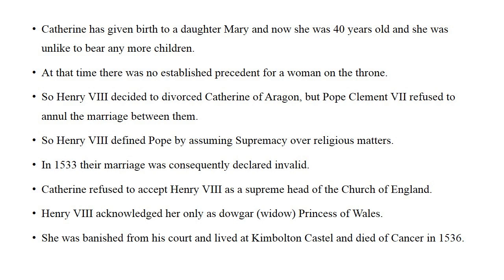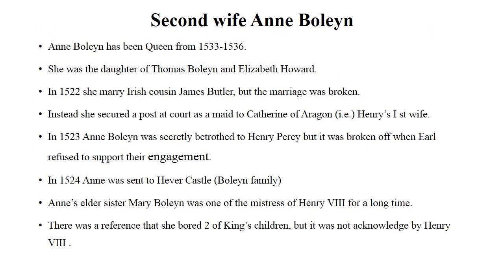So Henry decided to marry another woman because he needed a male heir for his throne. He marries the second wife, Anne Boleyn. Anne Boleyn was queen of England from 1533 to 1536.